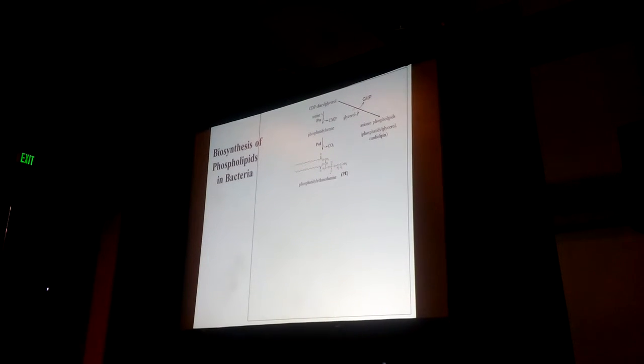Alternatively, we can condense serine with a phosphatidylserine synthase to make phosphatidylserine. The subsequent decarboxylation converts it into phosphatidylethanolamine. Now, this is the situation in Escherichia coli. So the three major membrane phospholipids are phosphatidylethanolamine, phosphatidylglycerol, and cardiolipin.